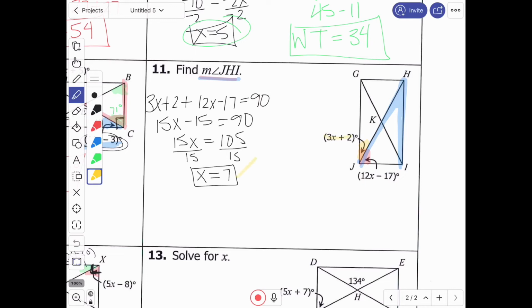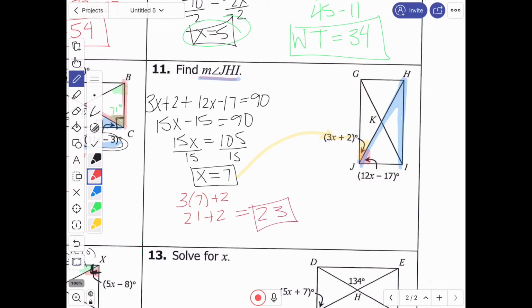So now I just got to take my x and plug it in. So I have 3 times 7 plus 2 equals 21 plus 2, which equals 23. So measure of angle JHI equals 23. However you want to write it.